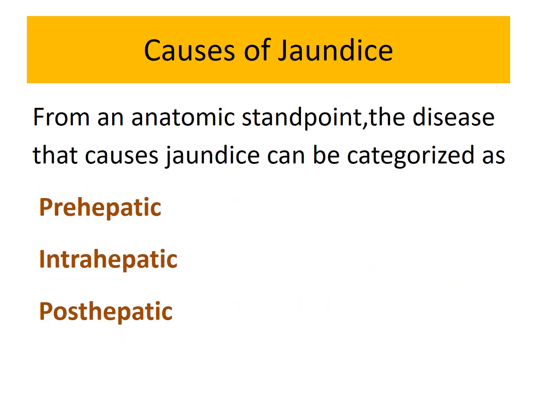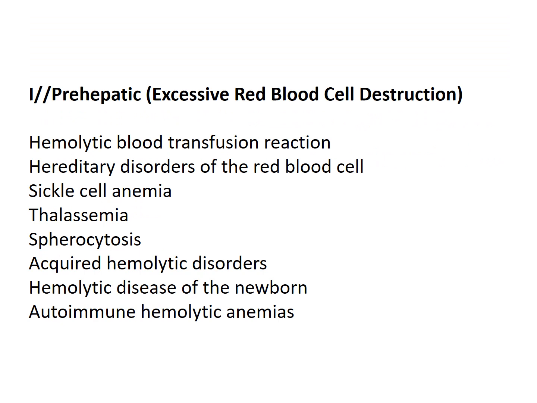So from an anatomic standpoint, the diseases that cause jaundice can be categorized as first, prehepatic causes, second, intrahepatic causes, third, post-hepatic causes. In prehepatic causes, there will be excessive red blood cell destruction, that means hemolysis of the red blood cells.